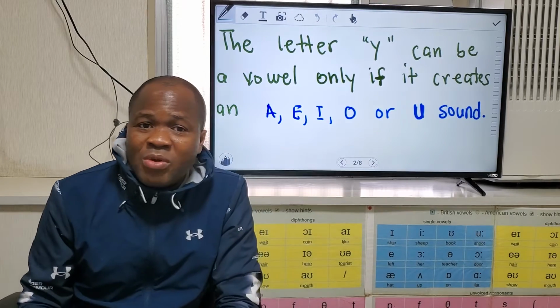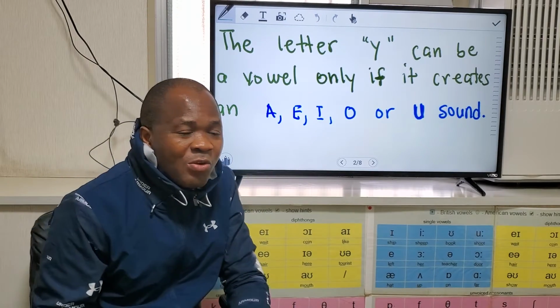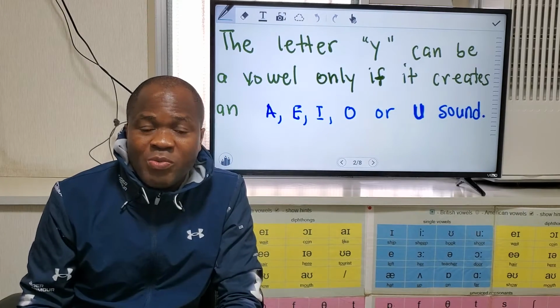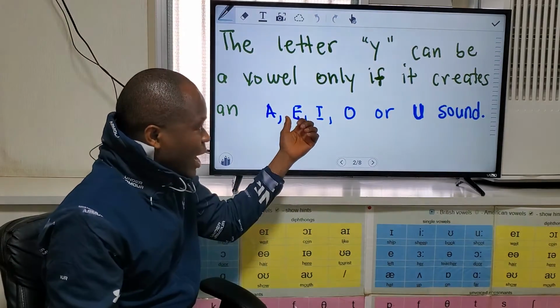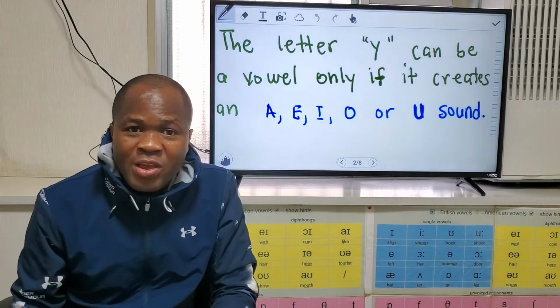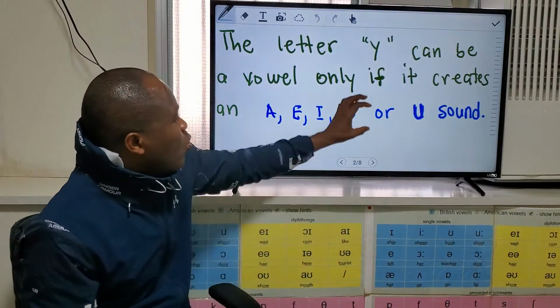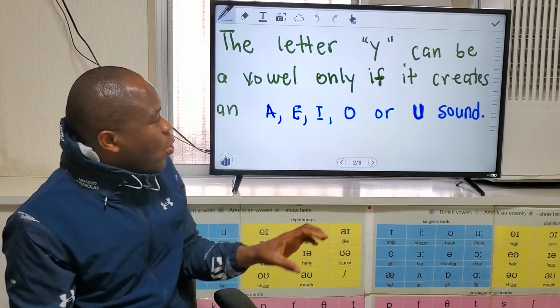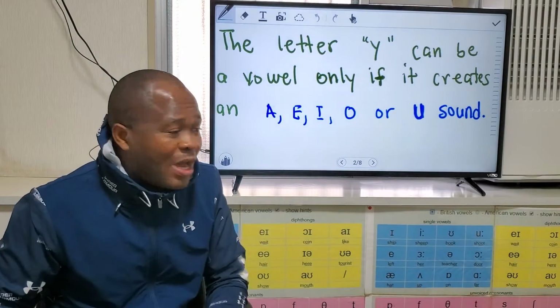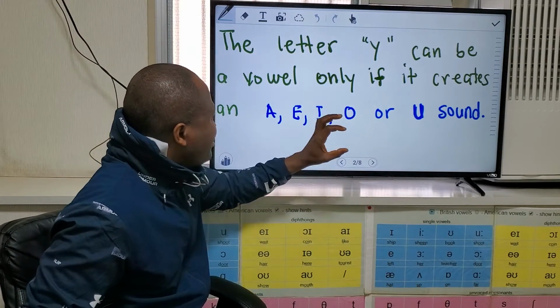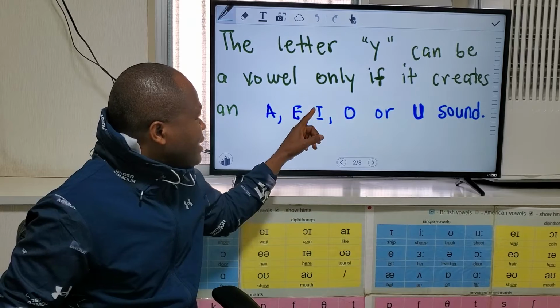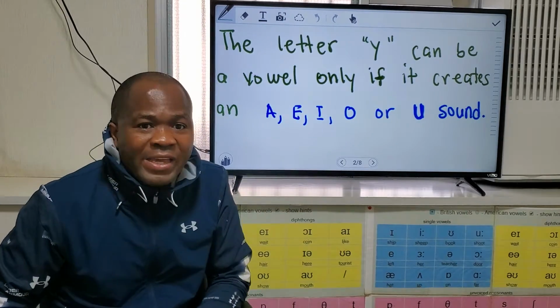Last time we did a lesson on the sound of Y, and we said that Y can make three sounds. So maybe you can refer to this video, then you'll be able to understand why Y can be a vowel, because it can create the E sound and the I sound.